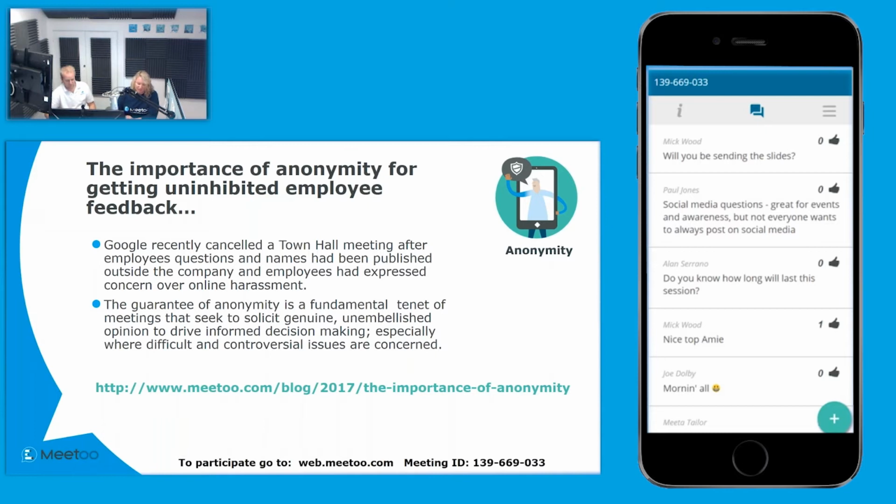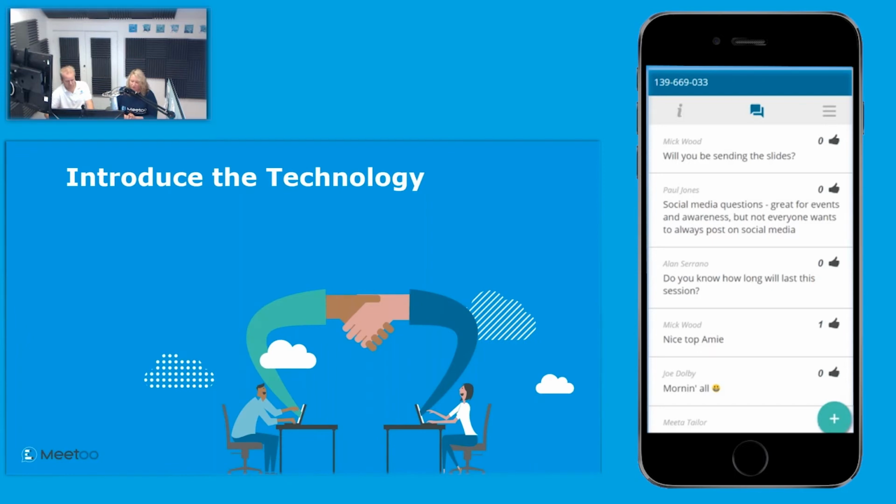And employees experienced online harassment due to the questions and comments that they'd asked. So the guarantee of anonymity is fundamental in gathering genuine opinion and informing company decisions in some situations.